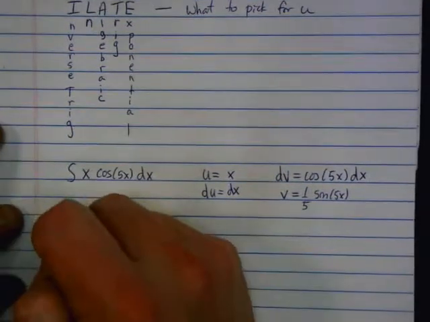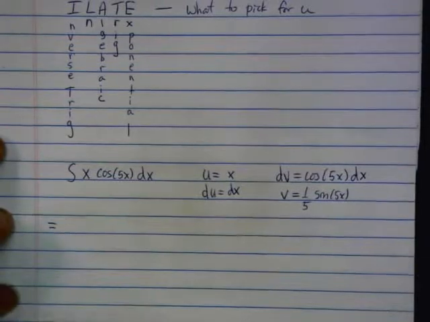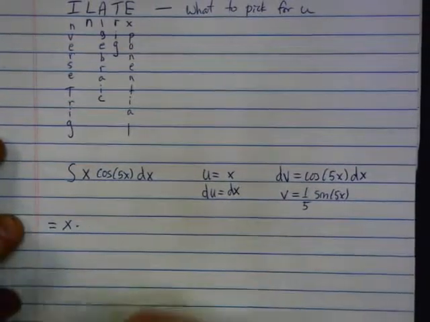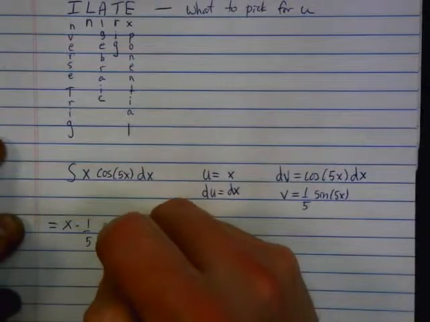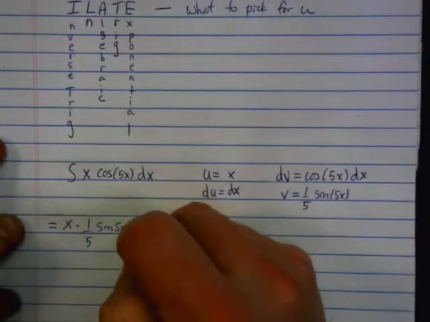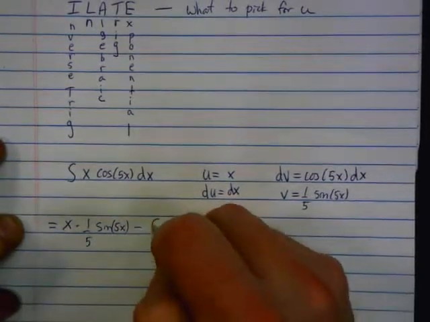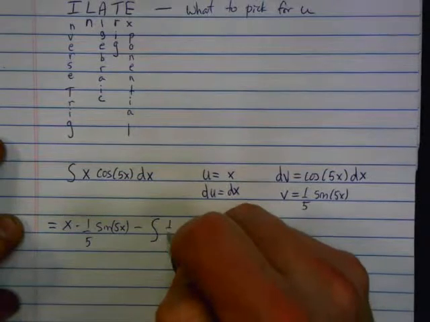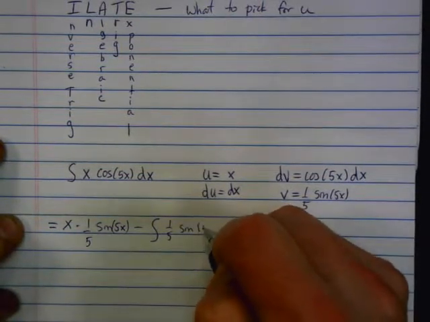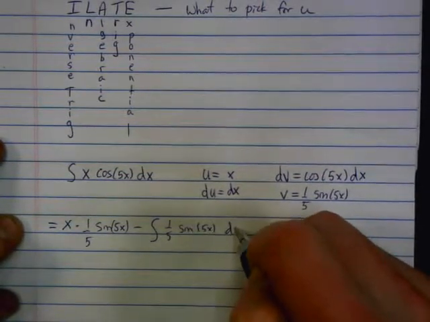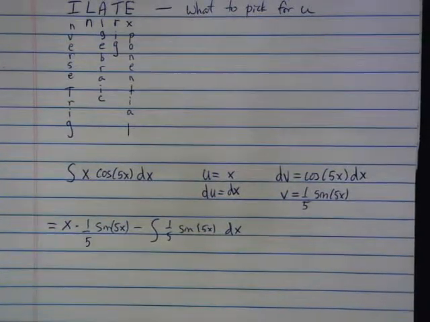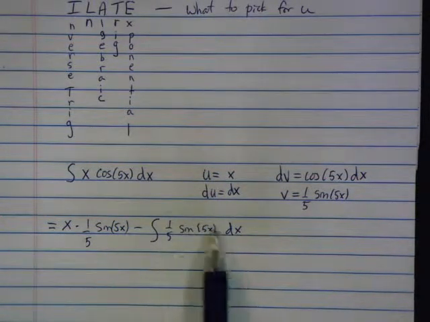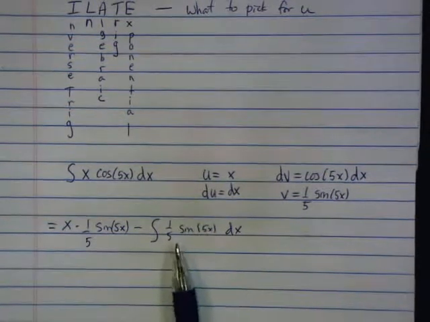All right, so here's our answer. u times v. u was x. v was 1/5 sine 5x. Minus the integral of v, which was 1/5 sine 5x, du, which is dx. Hopefully, you've gotten rid of the multiplication, and you're now to the point where you have something you can integrate.